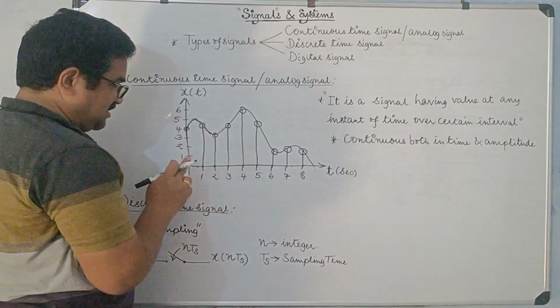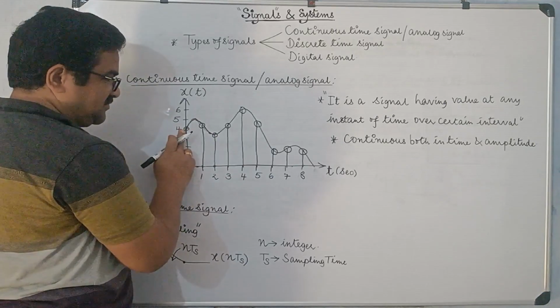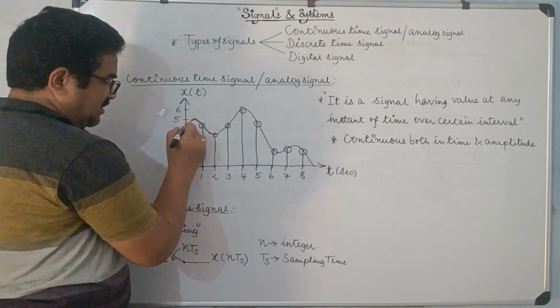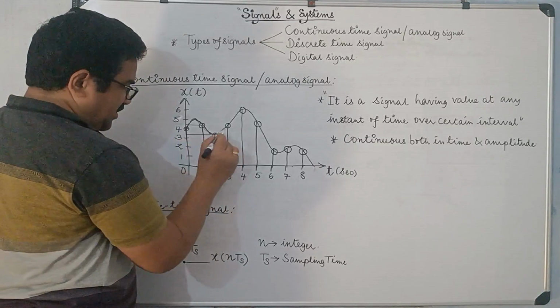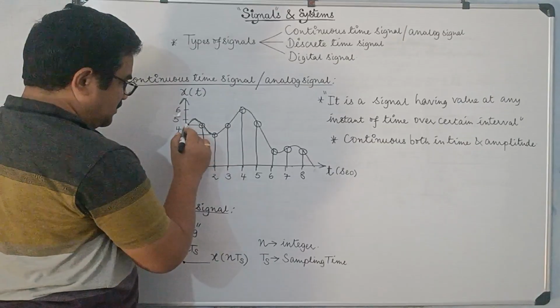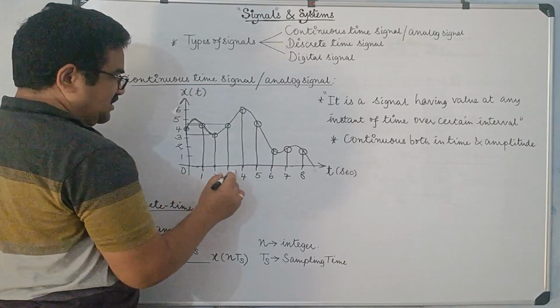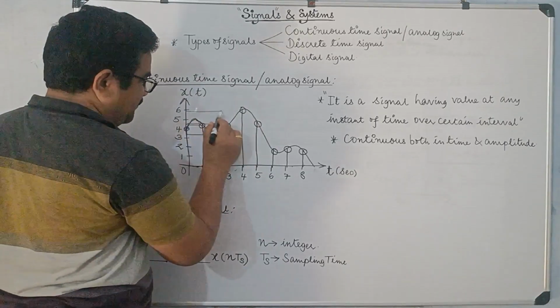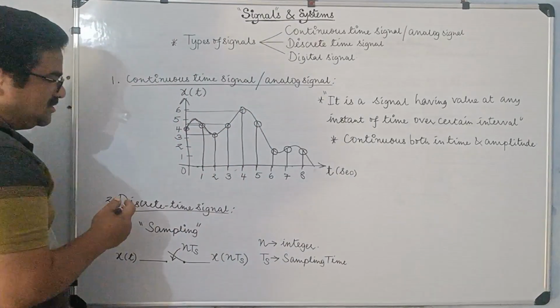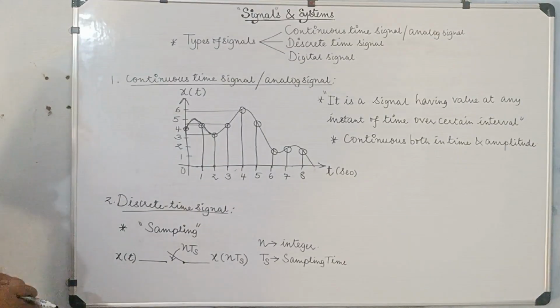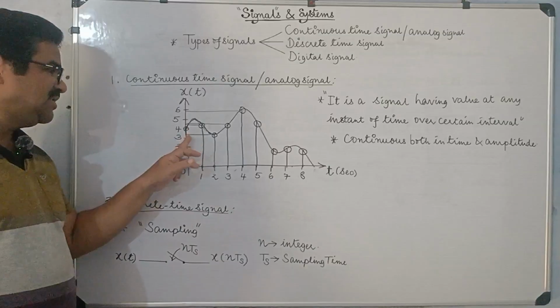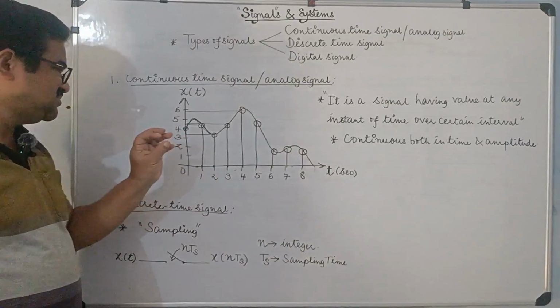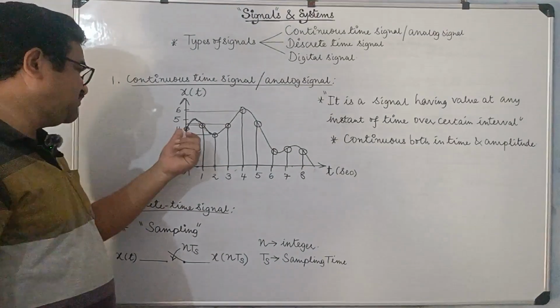But the amplitude is not discrete, though time is discrete. Let us say if I take the value here, it is 4. The value here may be around 4.5. The value here is around 3.5. The value is around 4.6. The value here is around 5.8, something like that. So here the amplitudes of the signals are not taking discrete values, they are having continuous values.